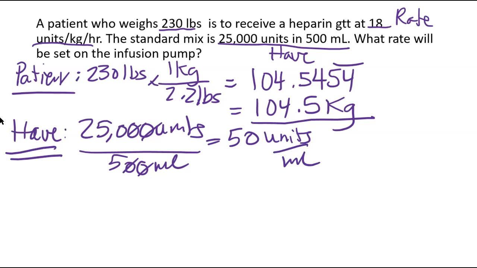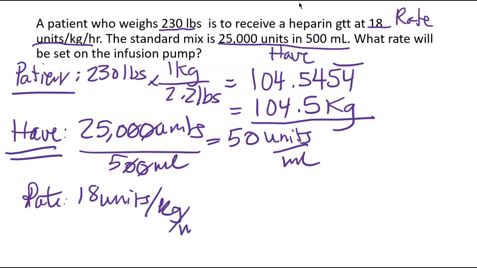And this is the patient. They weigh 104.5 kilograms. So now we know the rate is 18 units per kilogram per hour. So let's look at this for a minute. We're going to ignore time for a minute. We're just going to say, okay, 18 units is what we're giving per kilogram.